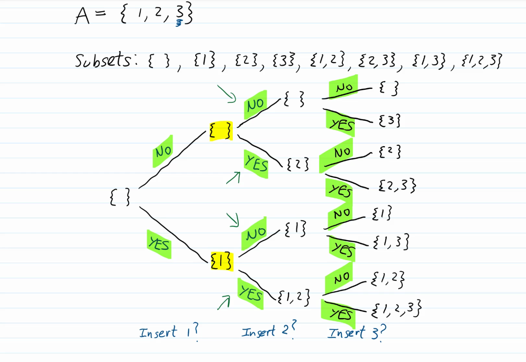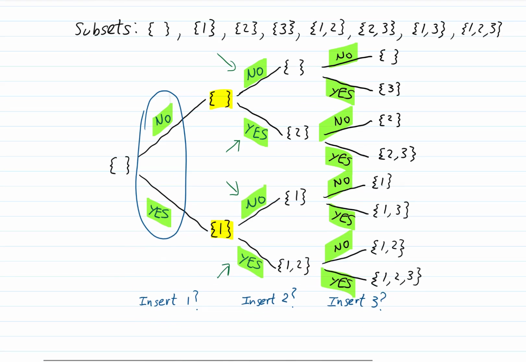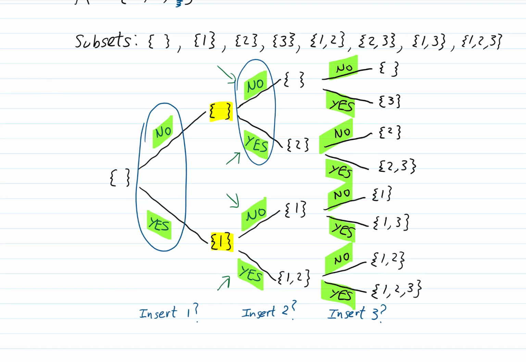So that means we end up with a total of 4 times 2. So it went like this: 2 times 2, and then each of those times 2. So 2 times 2 times 2. And that's how you get 8 subsets.